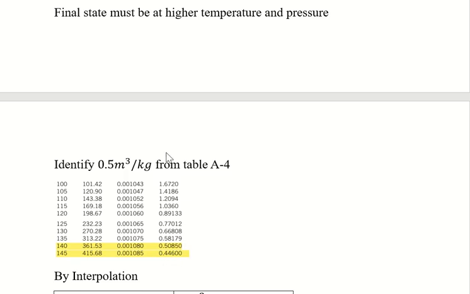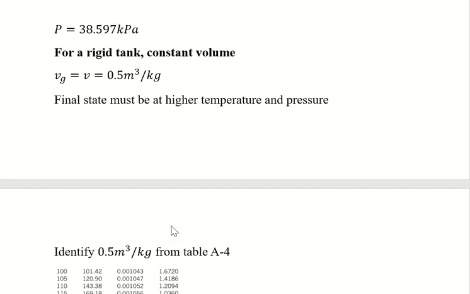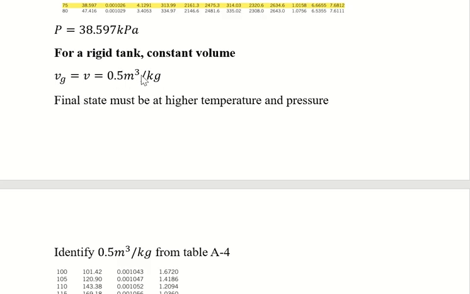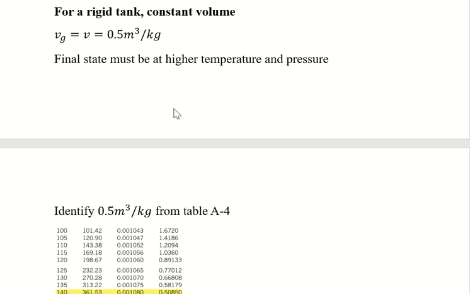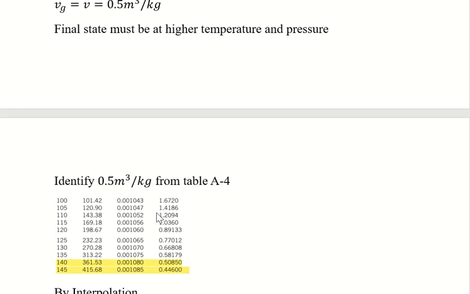We're trying to find the final pressure, and the only property given at that point is this specific volume. The initial pressure can no longer be of any use to find the final pressure, because at the final point the only property given is the specific volume. That's why we continue using table A4, because this is a saturated vapor, but we specifically look for this.